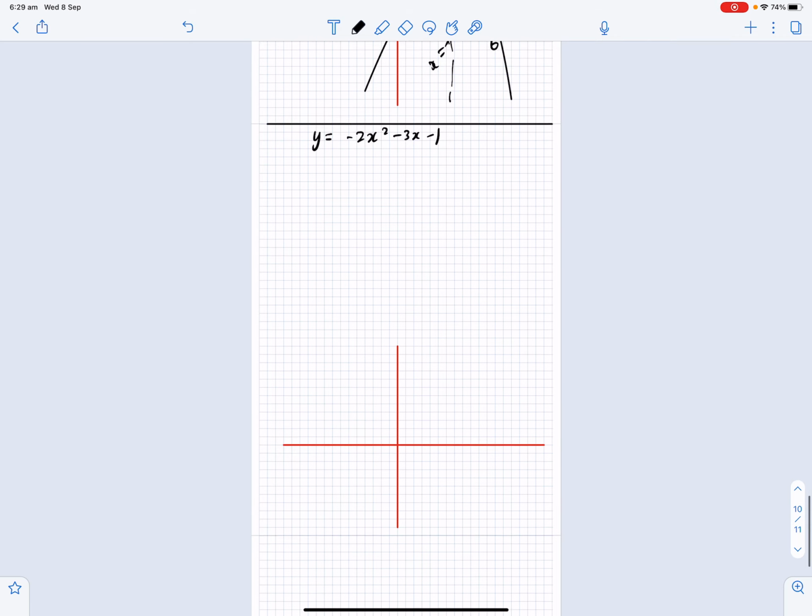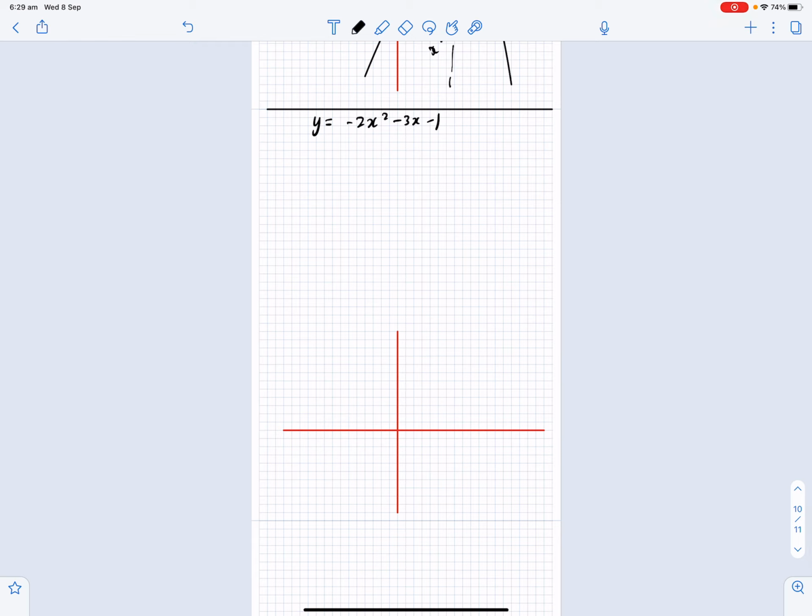Okay, what happens when the equation looks like this? This is the final question I'll be doing, where it looks a little bit more complex. You know, it's a non-monic quadratic. There's a negative there. Let's go ahead and see what's going to happen. First of all, let y is equal to 0. When you have this quadratic equation, we don't like the fact that there's negatives here.